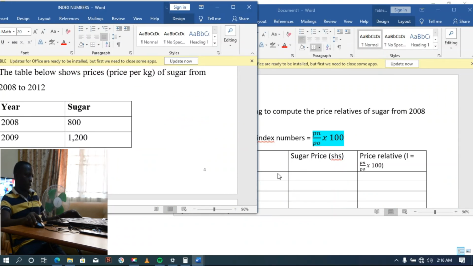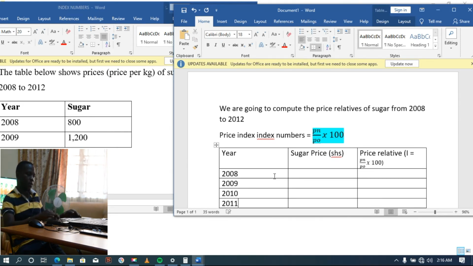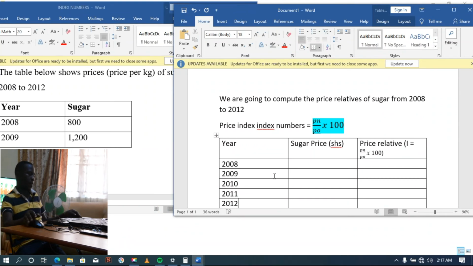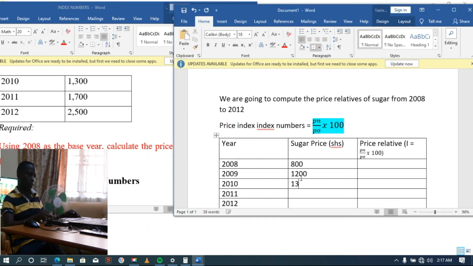So we do have the years: 2008, 2009, 2010, 2011, 2012. Then the respective prices, we have 800, 1200, 1300, 1700, 2500.